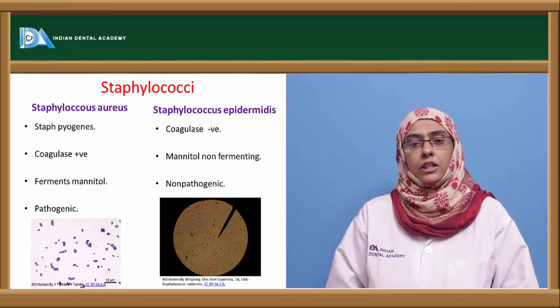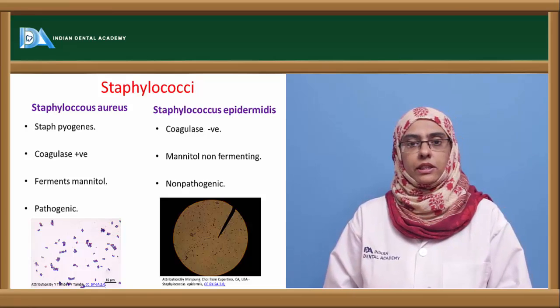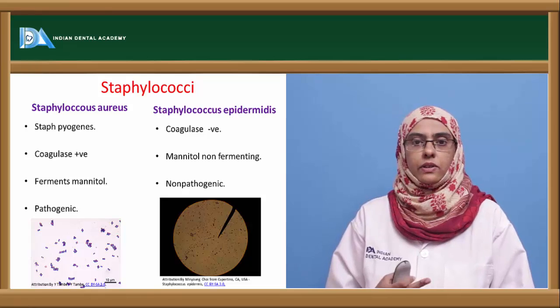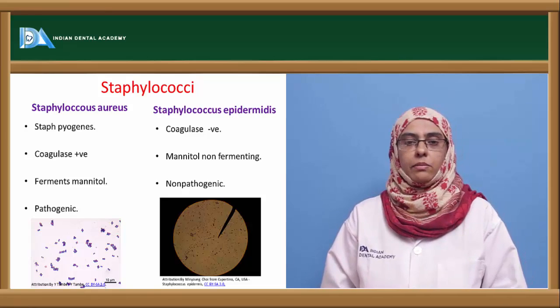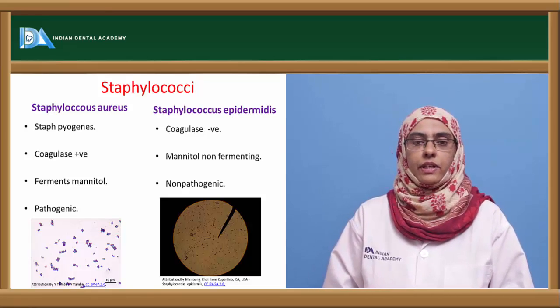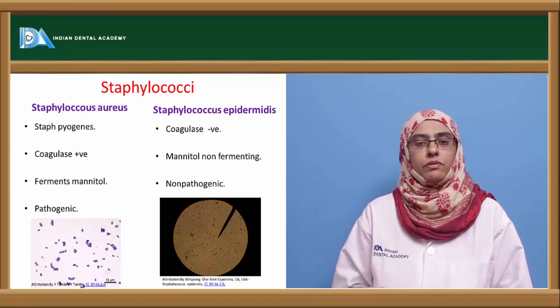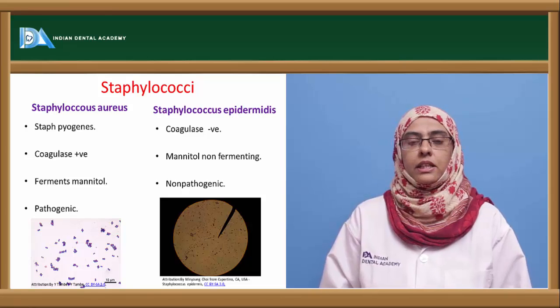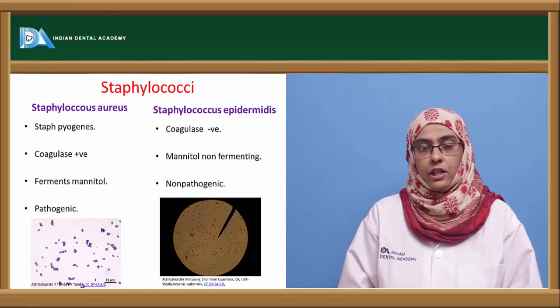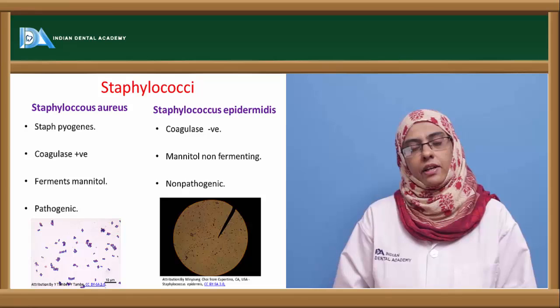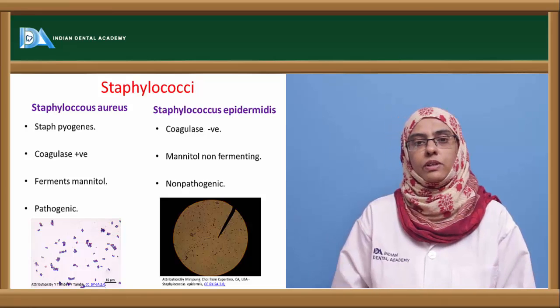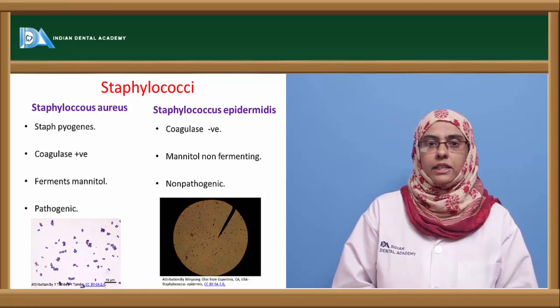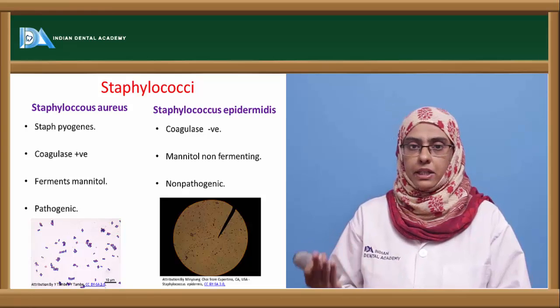Now coming in detail to the different kinds of staphylococci, as we know, these organisms can be involved in pyogenic infection, or some of them are normal flora of the human body. The most studied one is Staphylococcus aureus, which is involved in pyogenic infection. Basically, we can classify staphylococci into two major groups: Staphylococcus aureus and Staphylococcus epidermidis.